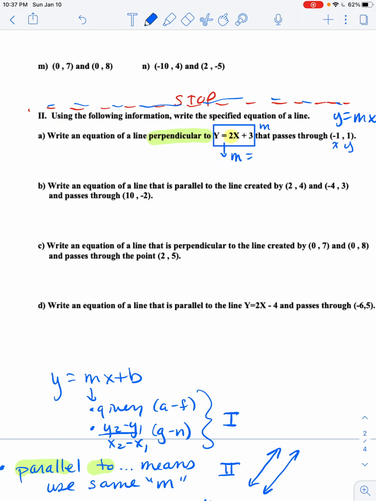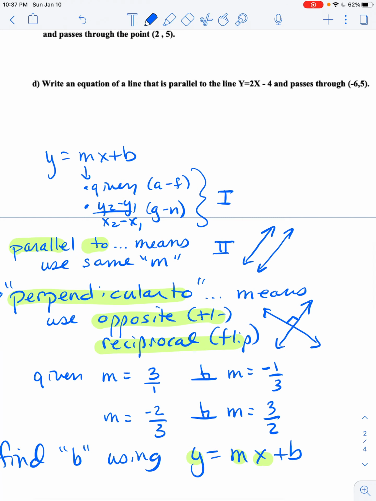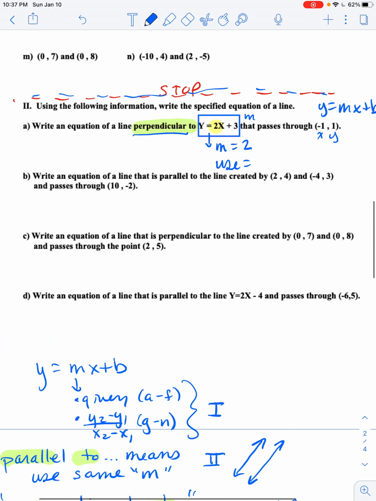So I've been given a slope of 2, which means, since it's perpendicular, I need to use the opposite reciprocal. Since that was positive, I'll need to use a negative. Since that was a whole number 2, which is technically 2 over 1, I'll have to use 1 over 2. So now I know my slope value is going to be a negative 1/2.